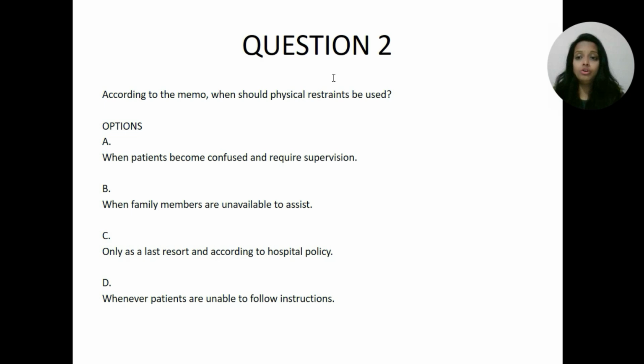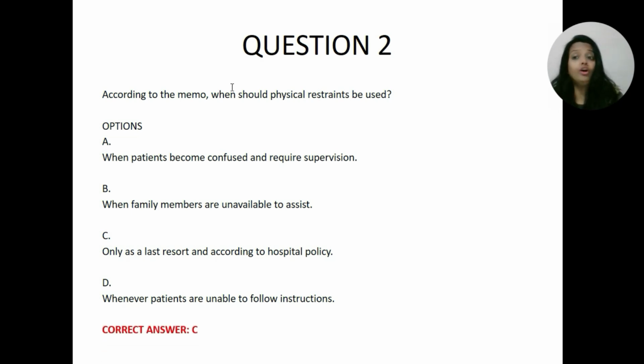And if you look at option B here, family involvement is supportive, not mandatory, and no link to restraint is given here. And option C, yes, this one shows exact policy language. Ethical plus legal focus is given here, and it is the safest clinical choice. Option C is the right answer.